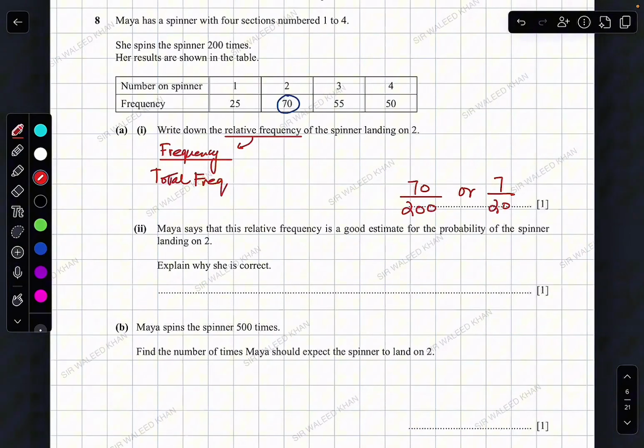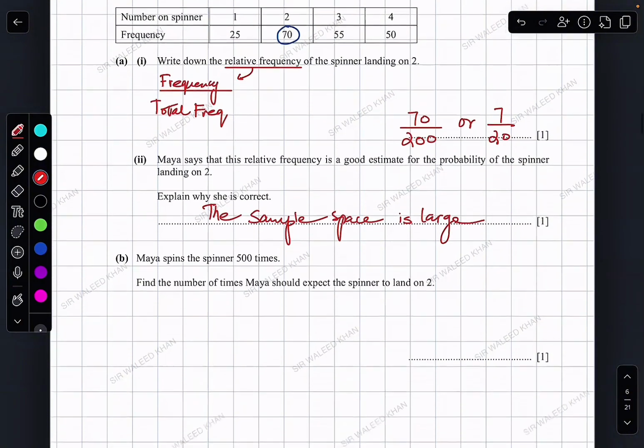Because she is using 200 times, that's a larger sample space. That is why the estimate is a good estimate. So the sample space is large. So that is why she is correct.